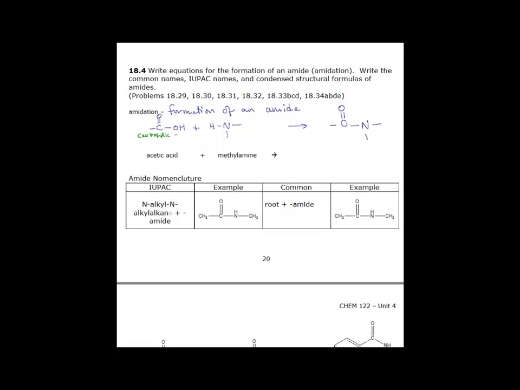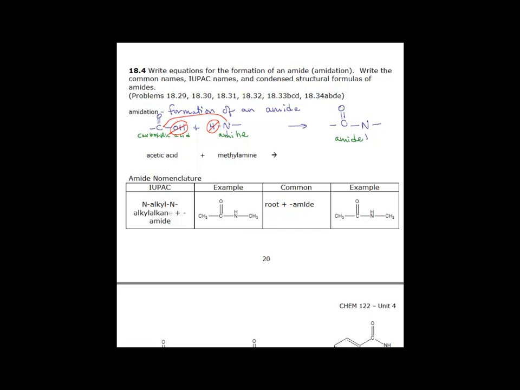Carboxylic acid, amine, make an amide, just like esterification in terms of you lose water. You lose the OH from your carboxylic acid, lose the H from the amine, make a really long bond, and you have an amide.